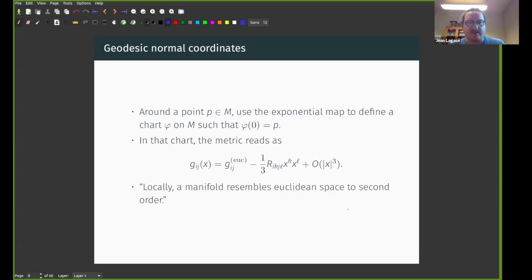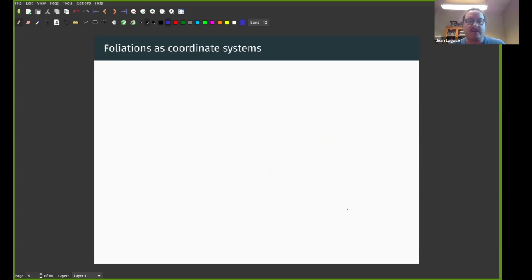Yeah, so this is what I was saying. And so this is what we will generalize. Most coordinate systems that we look at are foliations in some sense, right?